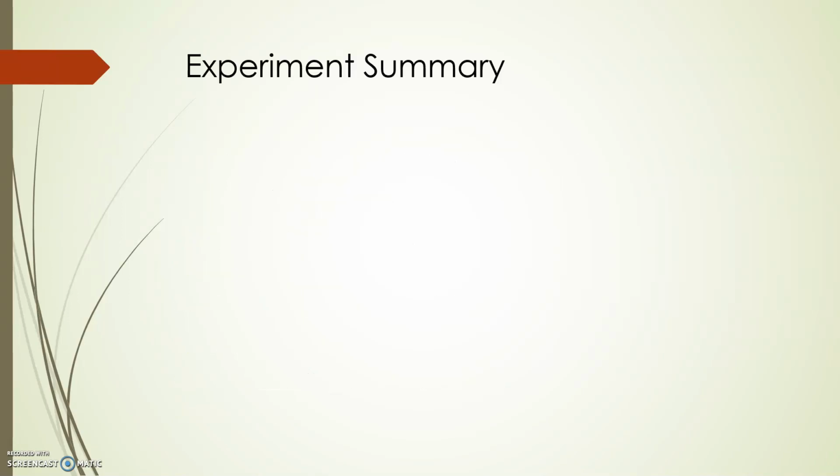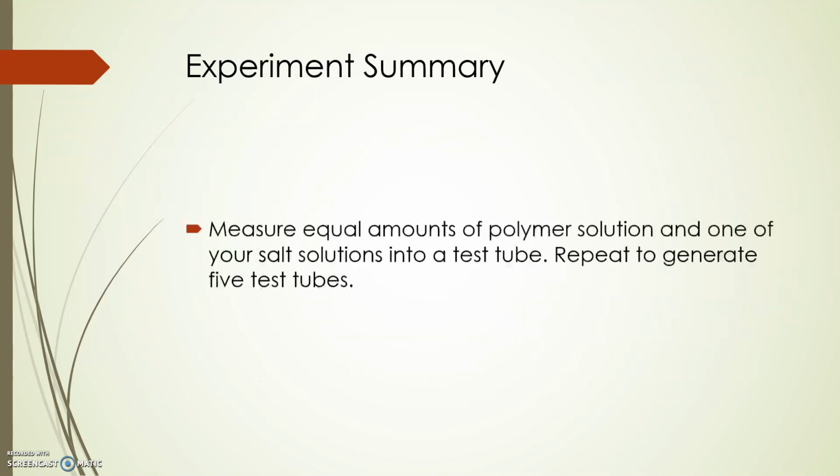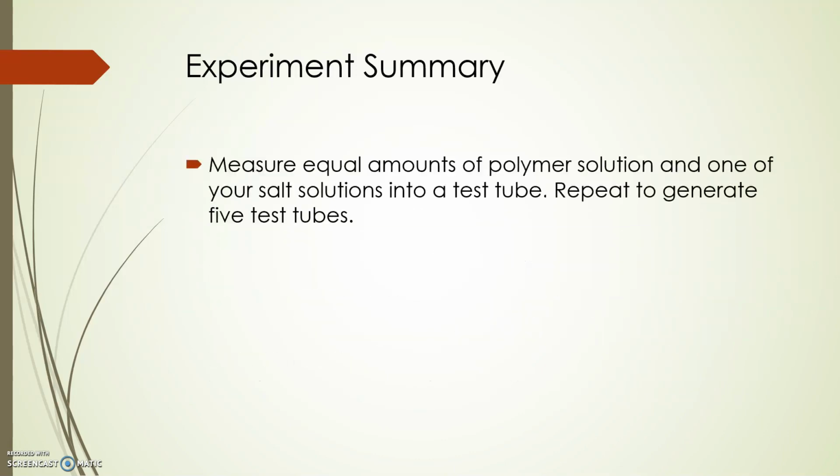Once you have made all of your concentrations of salt, you will then measure out equal amounts of the polymer solution and one of your salt solutions or water into a test tube. You will repeat this to make 5 test tubes with different concentrations of salt. Then, label your test tubes.